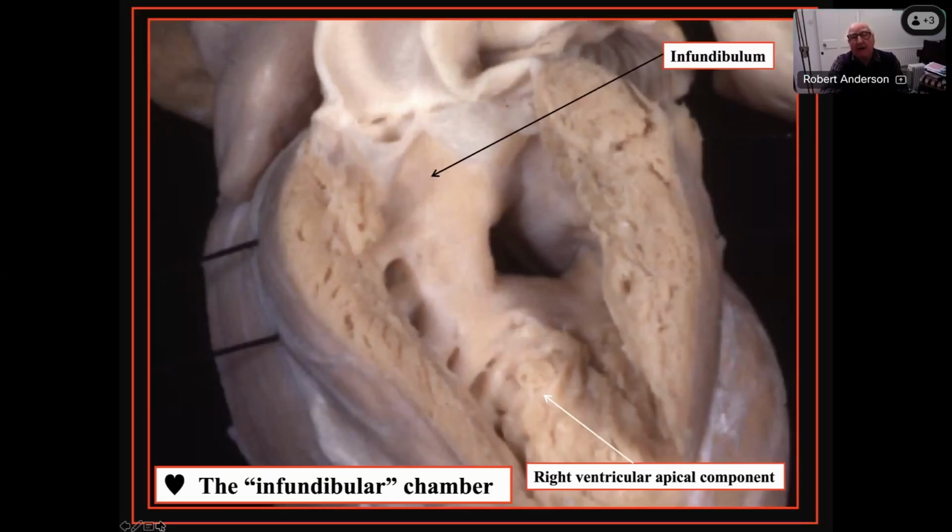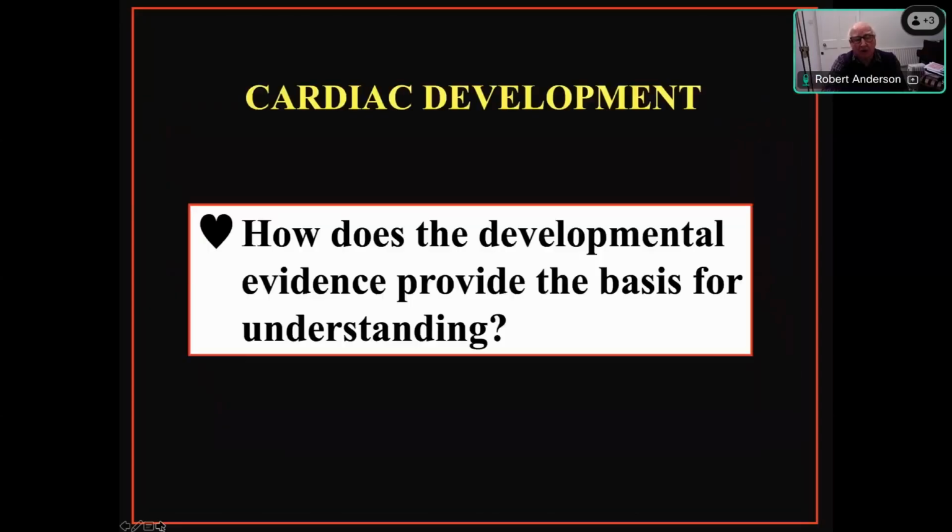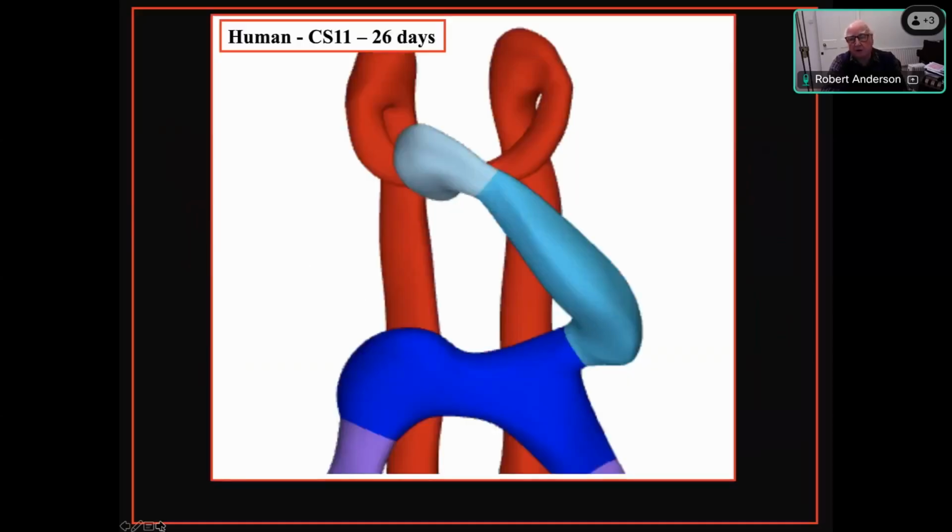So how can we understand this based on our current knowledge of development? Well, I've already shared with you the basic knowledge that permits us to understand the development of these functionally univentricular hearts. But let me recapitulate.